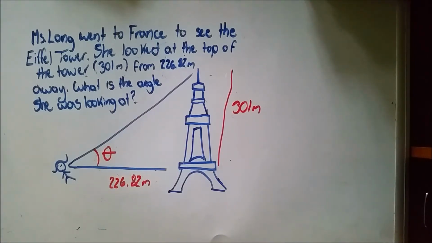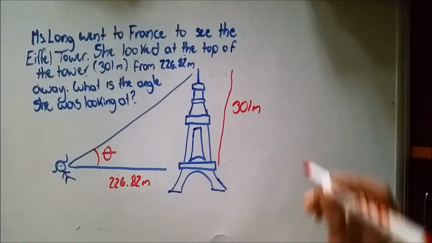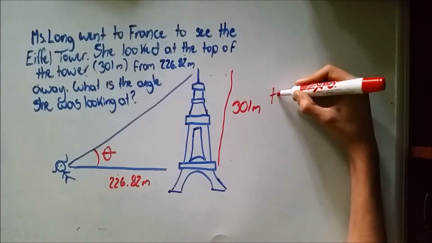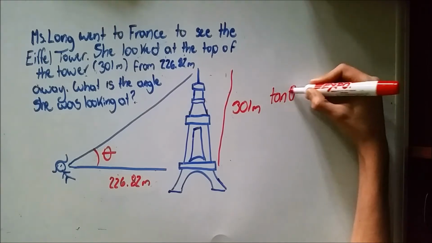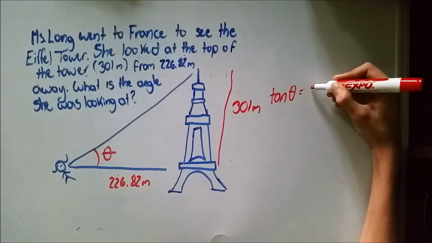Therefore, using our understanding of trigonometric functions, we can see that we are given the opposite and the adjacent side of the angle. Therefore, we are going to use the tan function to solve for the angle.